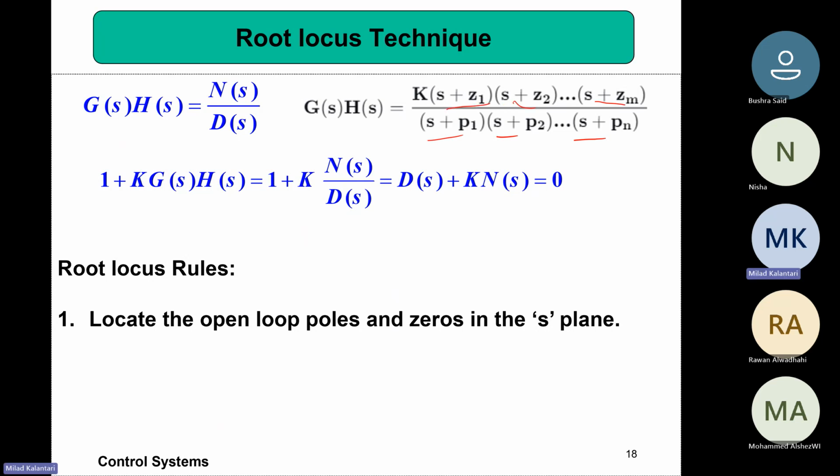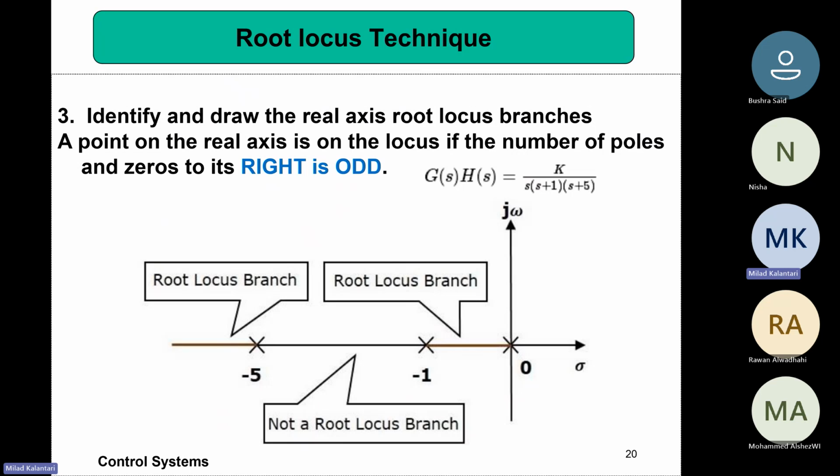When the k is 0, we don't have any feedback, and the system is open loop, and the poles are basically the open loop poles. But in the feedback, when you increase the k to infinity, these poles start moving to the zeros of the transfer function. And in case we don't have any zeros, then they need to go to infinity.